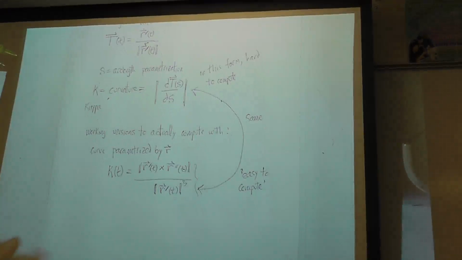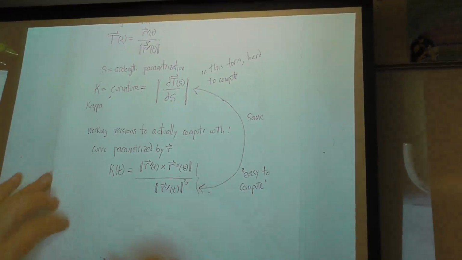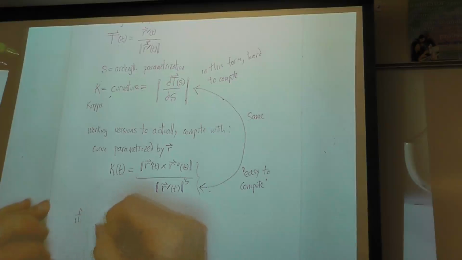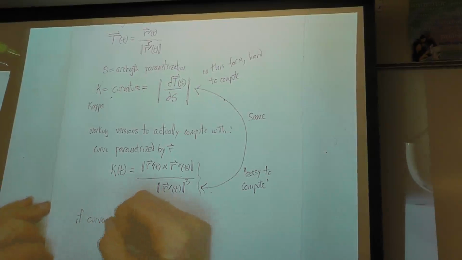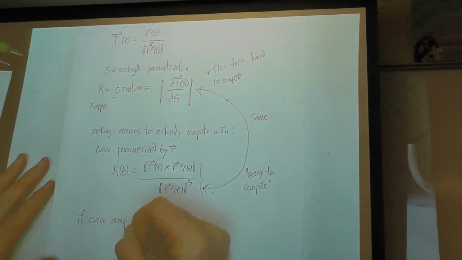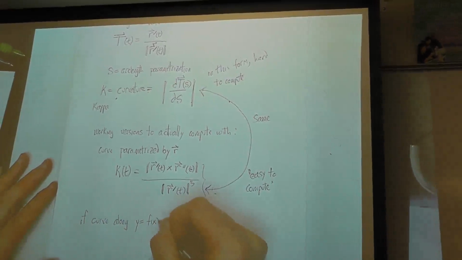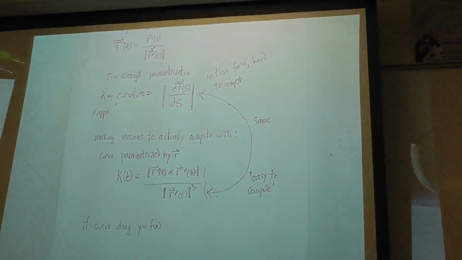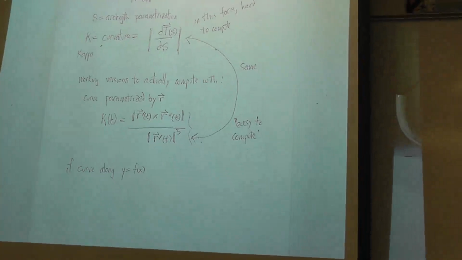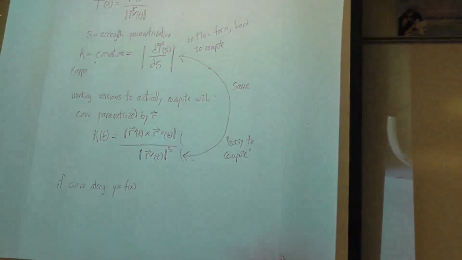There is another form if the curve is actually along a function, similar to the one that was on the test.